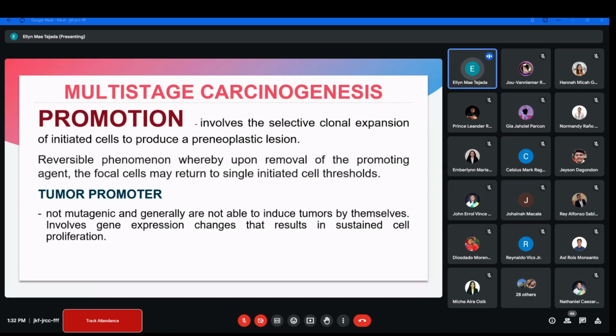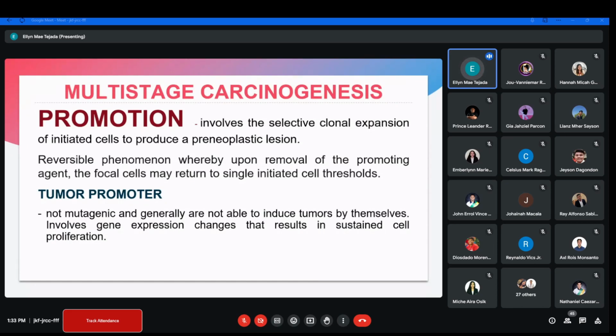Now, if we have the initiation stage, we now have the promotion stage. So, mura ra siya, kung paminawon nimo mura siya frat, no? But here in multi-stage carcinogenesis, this is how it goes. Now, deriving from either endogenous or exogenous stimuli of cell growth, promotion is not the middle stage, but it is also known as the second stage of the carcinogenesis process, which involves selective clonal expansion of the initiated cells to produce a pre-neoplastic lesion.